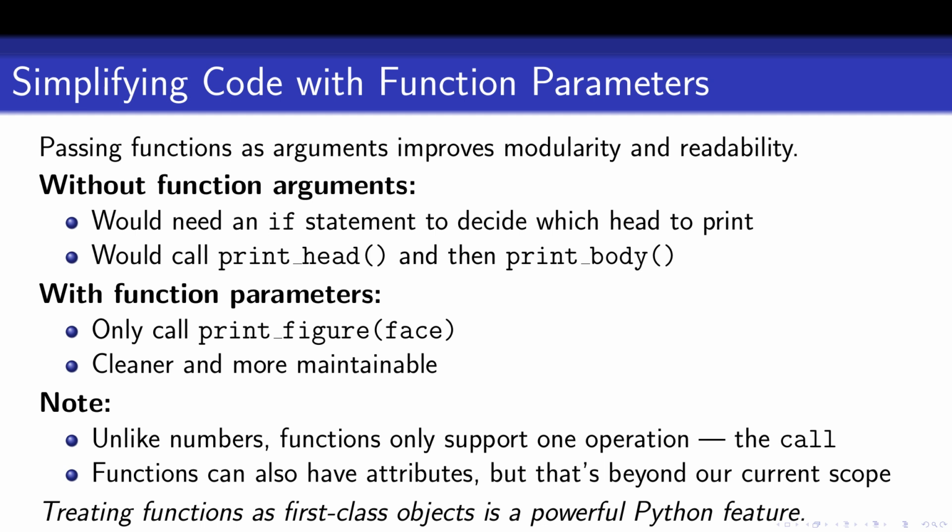For example, if you have several different ways to print a figure's head or body, you can define each piece as a function and decide at runtime which one to use. This technique reduces duplication, improves clarity, and makes your codebase easier to maintain. Treating functions as first-class objects, able to be passed, returned, and stored, is a hallmark of Python's design and a powerful tool in more advanced programming workflows.